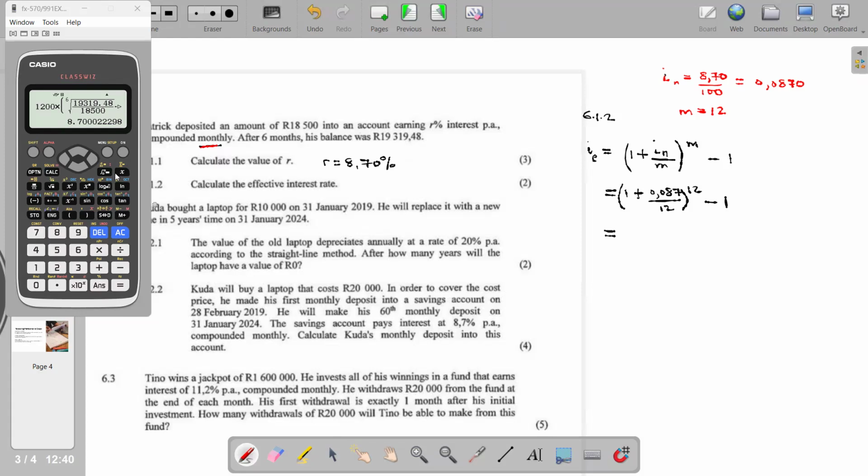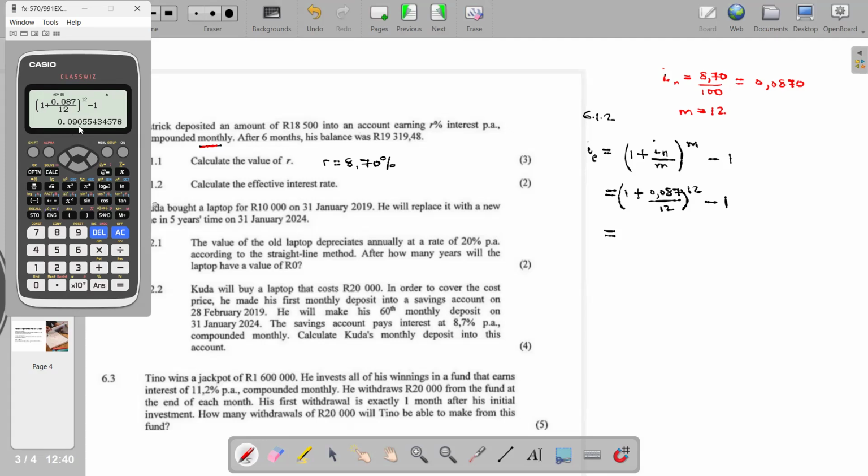So it means we are going to say 1 plus 0.087 divided by 12 there. Then it's going to be raised to the power 12, minus 1.